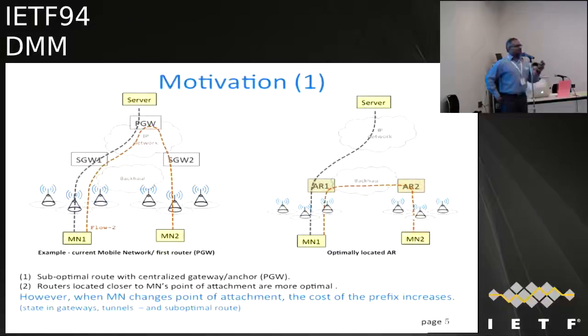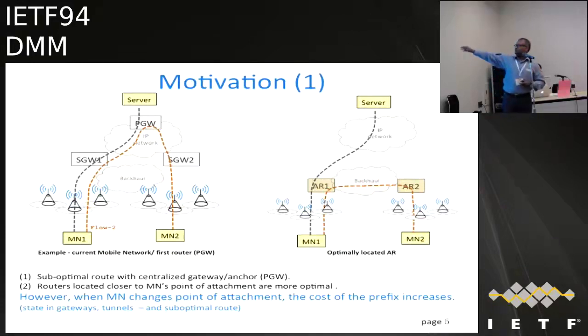So just in the general context, what is it? This is to start the case. I think this is a general case of DMM in general. If you look at the figure on the right side, we've got rather trombone connections, with a centralized anchor and so on.